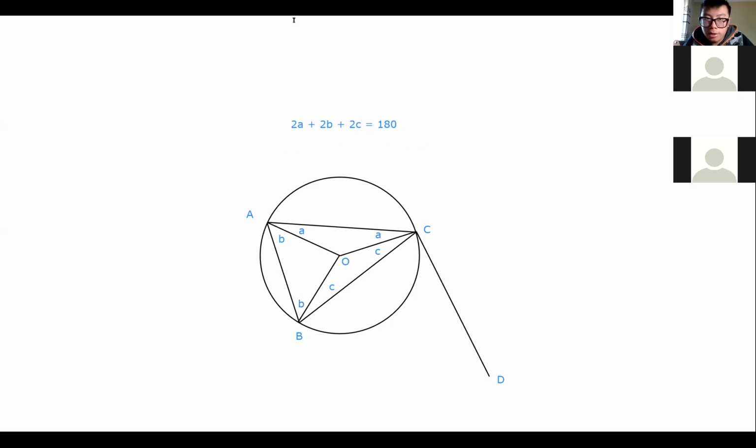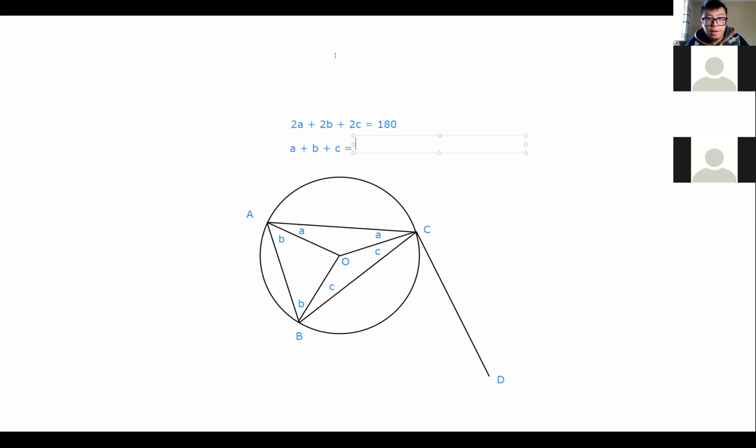Similarly, we can factor out the 2 from the 2a, 2b, 2c, but I'm just going to skip that step. I'm just going to write a plus b plus c is equal to 90 degrees. So I divided both sides by 2: I got rid of the 2 from 2a, 2b, and 2c to get a plus b plus c, and I divided 180 by 2 to get 90 degrees.